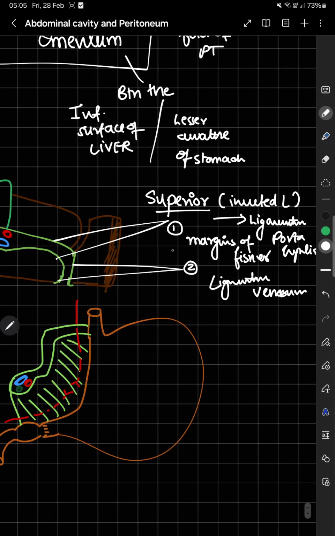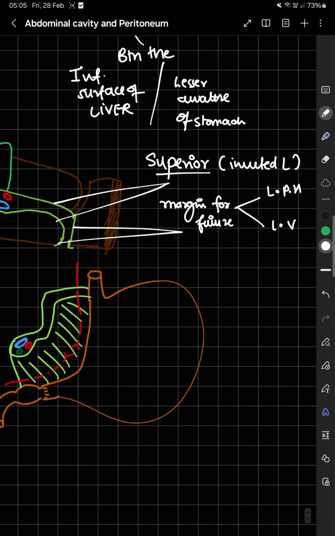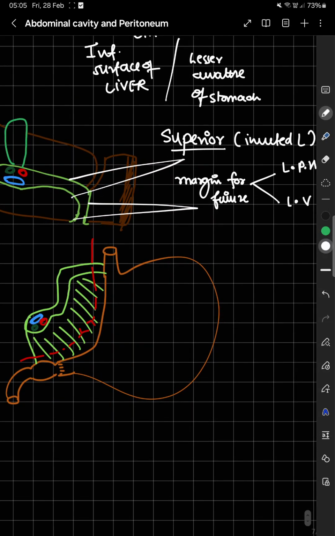You can simplify this a little more: these are the margins for the fissures of ligamentum porta hepatis and ligamentum venosum. Okay, superiorly these are the attachments near the inferior surface of liver, and now we have the inferior attachments.